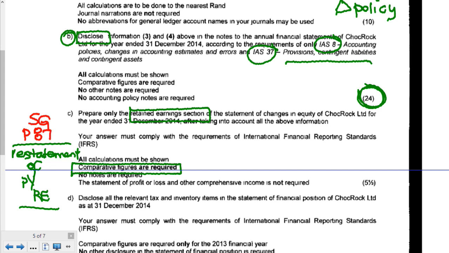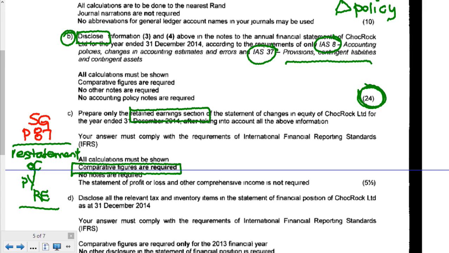You'll see that it will have page 87 at the top as statement of changes in equity in your study guide. Do you see it? So this is what they're asking for. They're asking for you to do the retained earnings section of the statement of changes in equity for 5.5 marks with the comparatives. It looks like that. So it will be the balance as previously reported, and then a change in policy, and then a restated balance. So it's that change in policy that you're looking for.